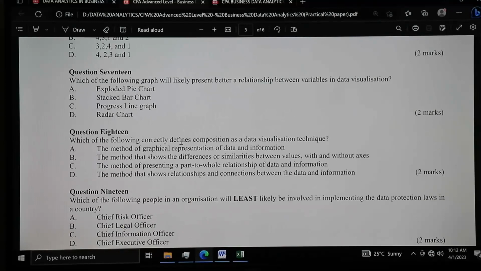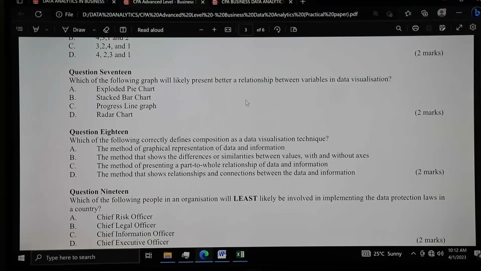Data visualization is a method of presenting part of the whole relationship of data and information, and that defines composition of data visualization.